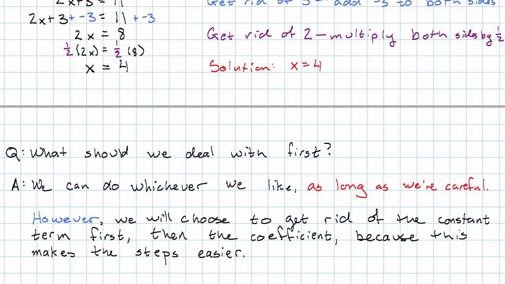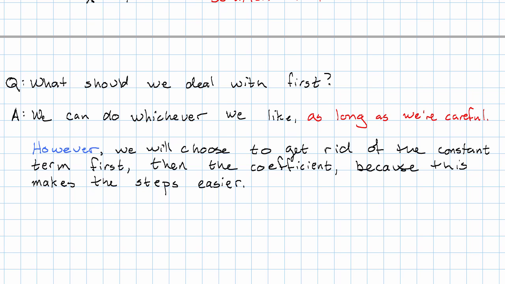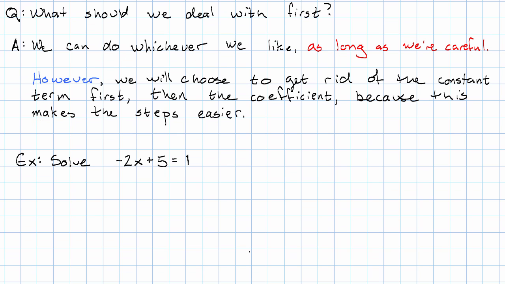Therefore, we will always choose to get rid of the constant term first, and then the coefficient, because this makes the steps easier.